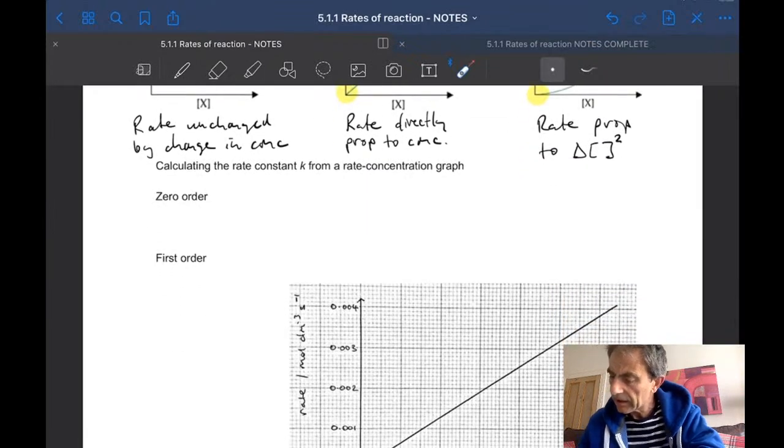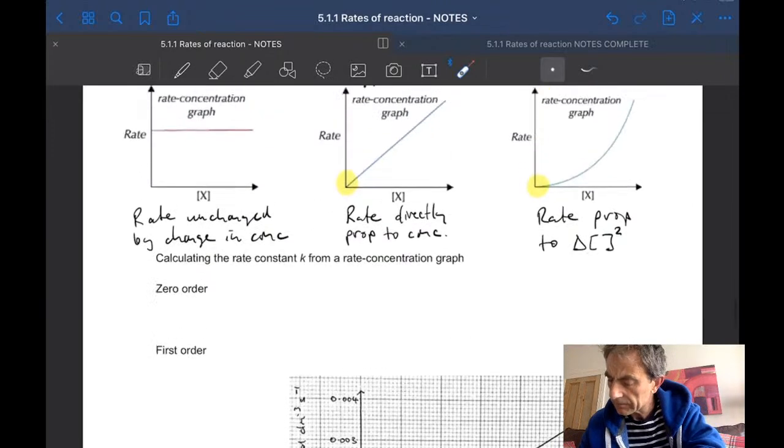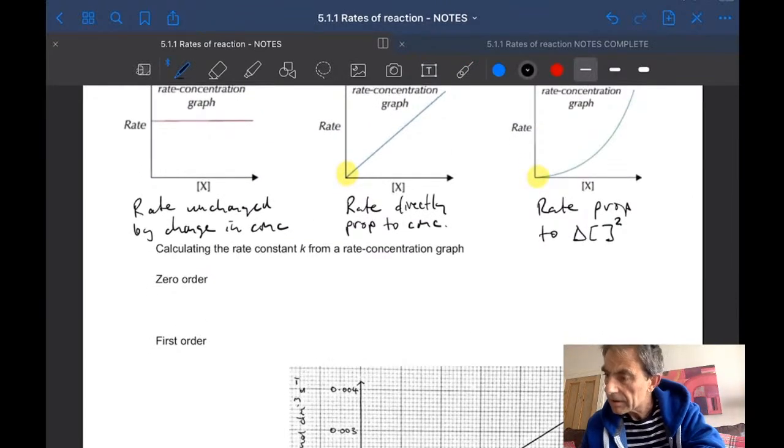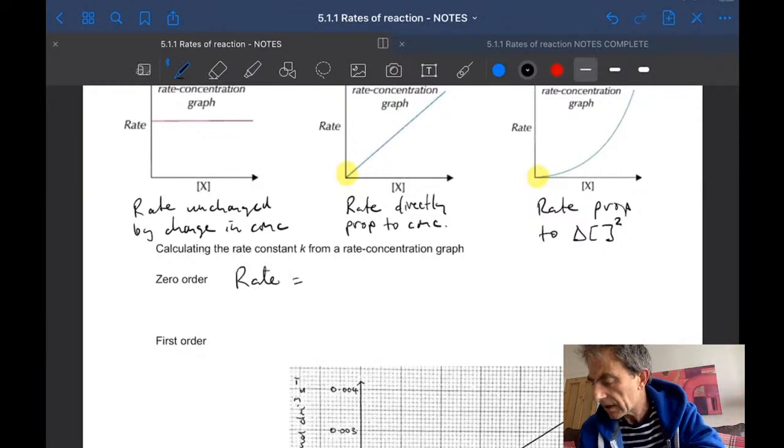So how would we calculate the rate constant K from a rate-concentration graph? Zero order first of all. I'll write out the full rate equation. If it was zero order, rate equals K, say x to the power 0.